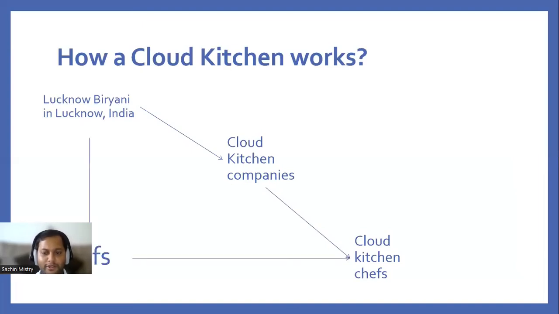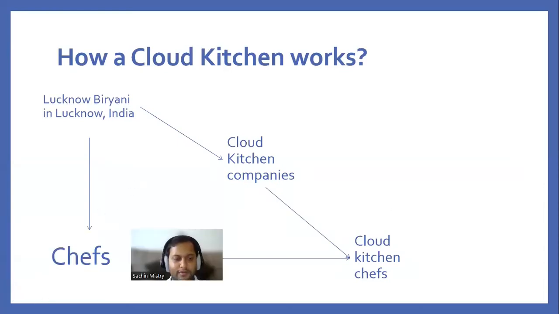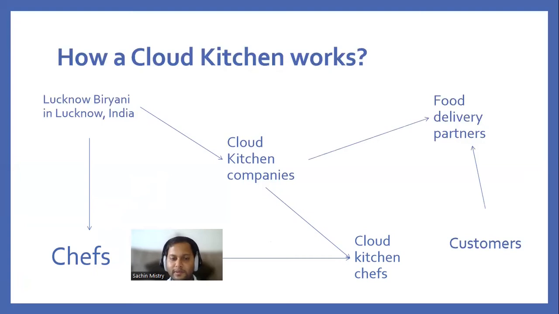Once they train the cloud kitchen chefs on their particular items, the cloud kitchen company will have a tie-up with the delivery partners, and through the delivery partners, customers can order the food of Lucknow directly in Dubai itself. So this is how it works.